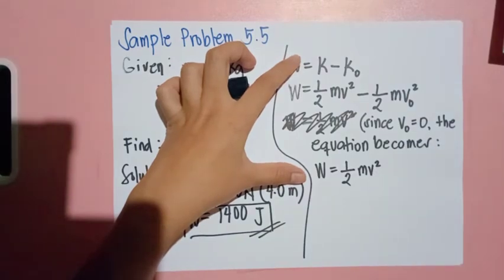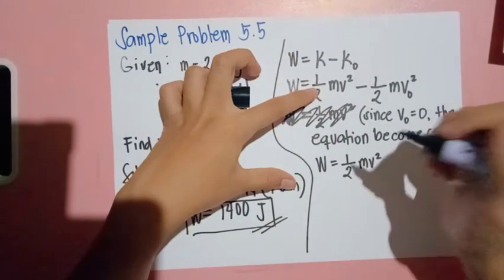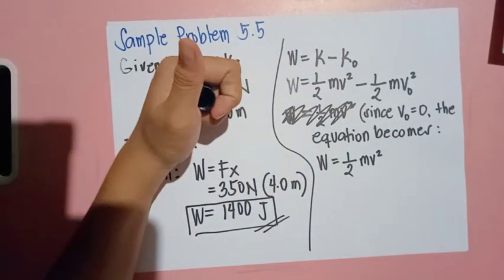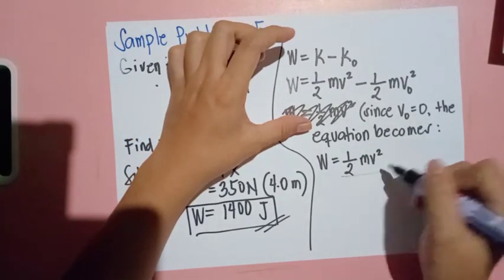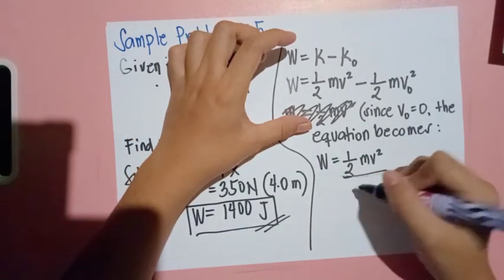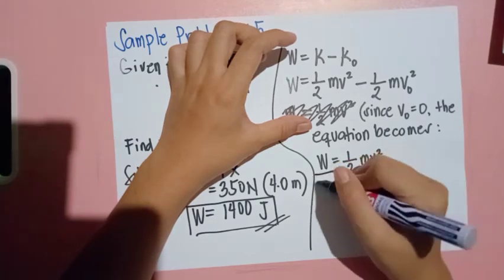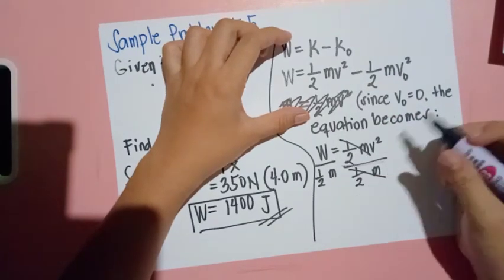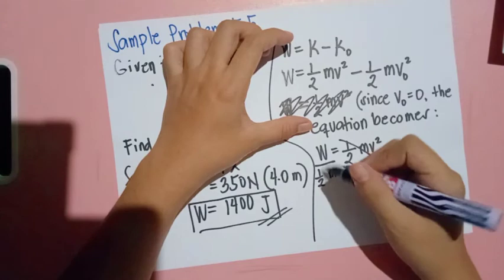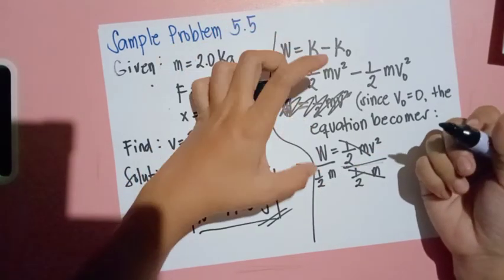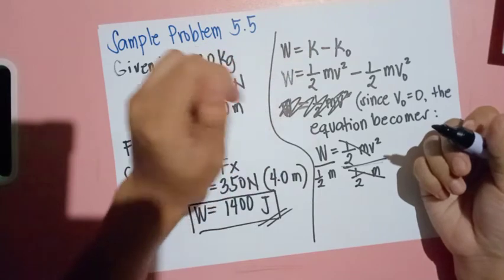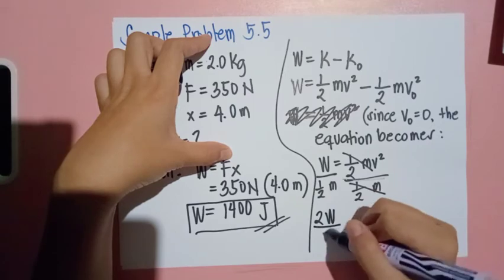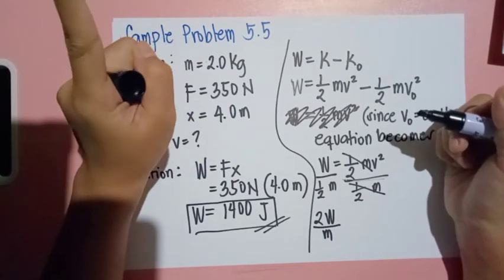Alright, so from here, since we are looking only for the speed, we have to divide both sides by 1/2 m. Okay, cancel. So we get W over 1/2 m, or 1 divided by 1/2. We will get 2W over m. 1 divided by 1/2 is 2.